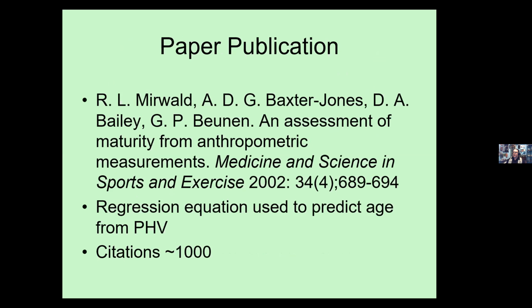We came together and created a regression equation that was used to predict the age from peak height velocity. Using that knowledge about proportionality of growth, we tried to see whether we could predict when peak height velocity was going to occur.